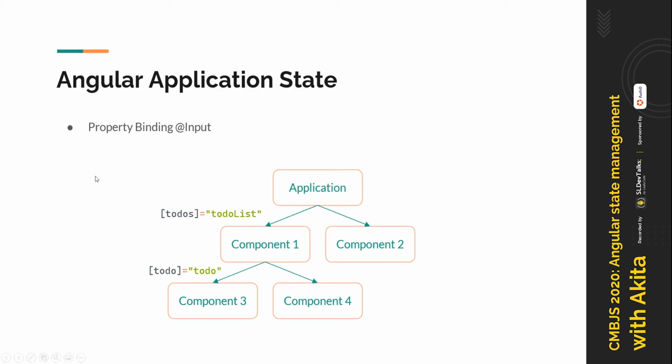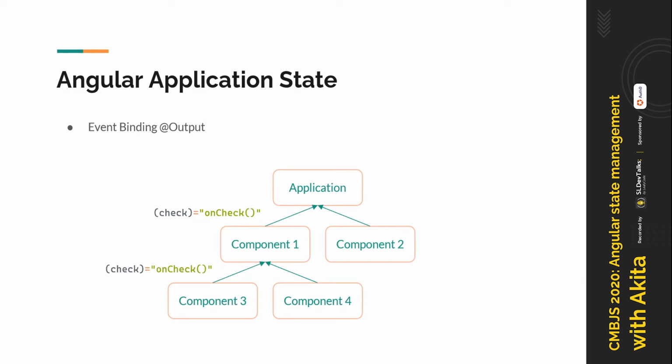Let's say you have a component one, and we are passing a list of to-dos to that. Then we have a presentation component, and maybe in a for loop, we are passing each to-do to component 3. That is property binding.